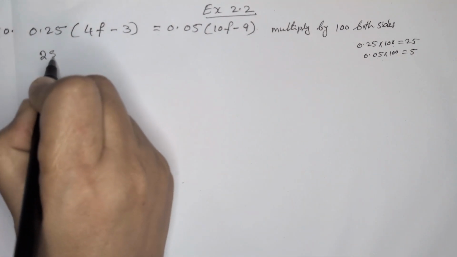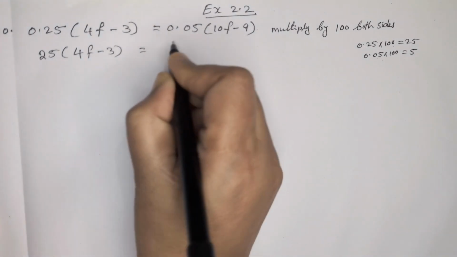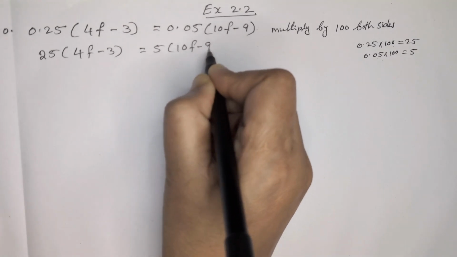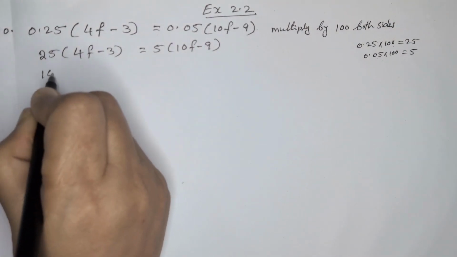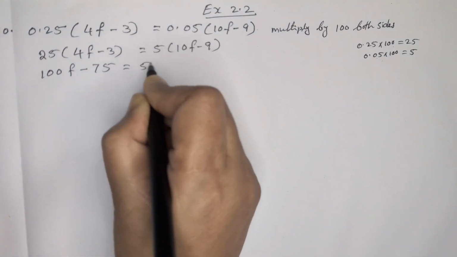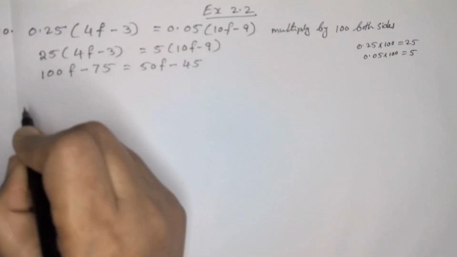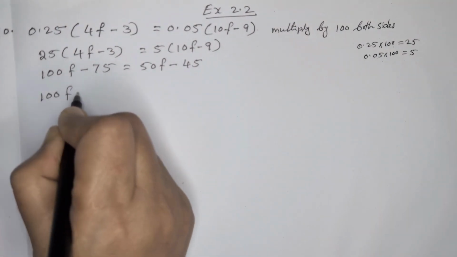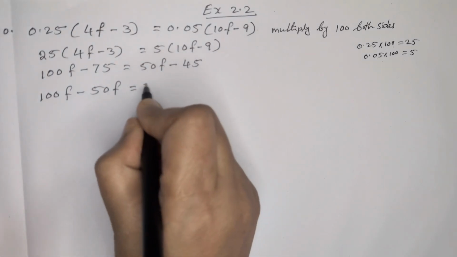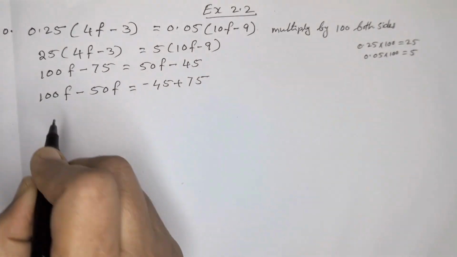So this side it will come 25 into (4f minus 3) is equal to 5 into (10f minus 9). When you are opening, it will come 100f minus 75 is equal to 50f minus 45. When you are moving, 100f minus 50f is equal to minus 45 plus 75.